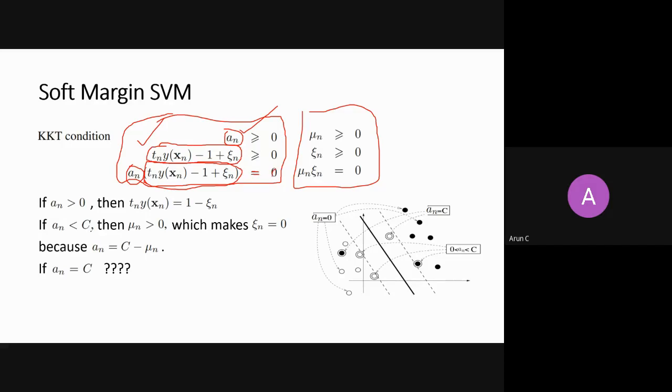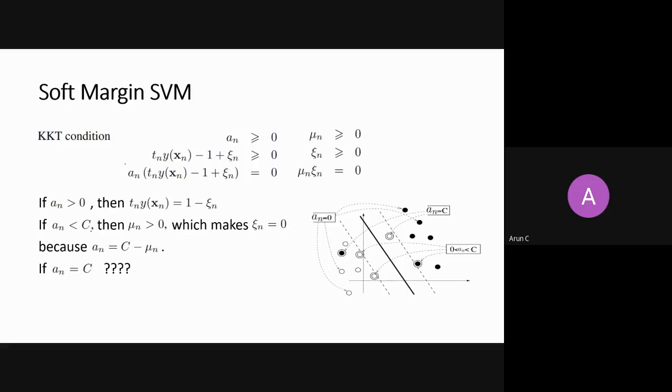Not to forget why: either my constraint is active, in which case the Lagrangian multiplier is greater than or equal to 0, or if my constraint is inactive, then the Lagrangian multiplier can be 0, because it doesn't play any role there. We have already discussed all these things. Let's see this slackness condition separately to build some intuitive understanding of the support vector machine.